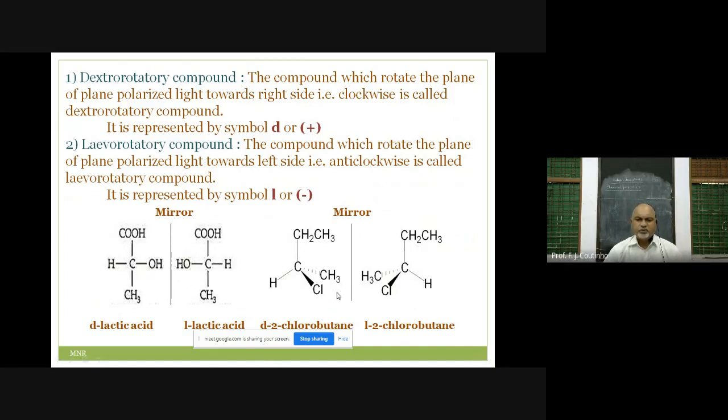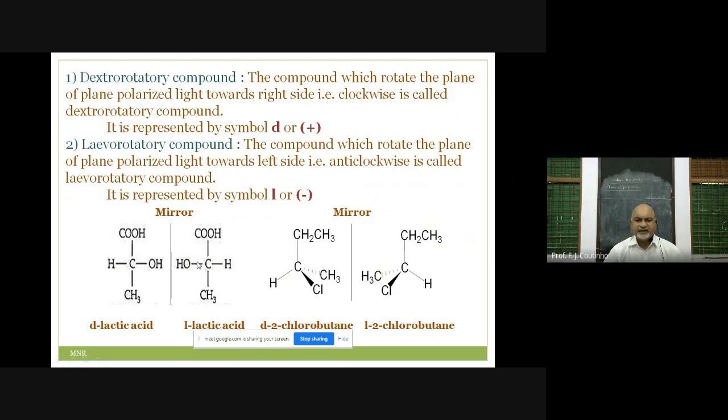In 2-chlorobutane also, here it is the ethyl group, here the methyl group, which is a mirror image of the L 2-chlorobutane. Here the carbon atom is connected to 4 different groups.